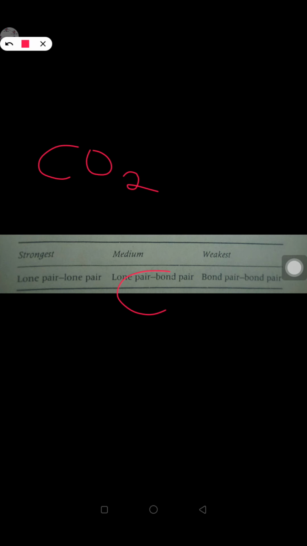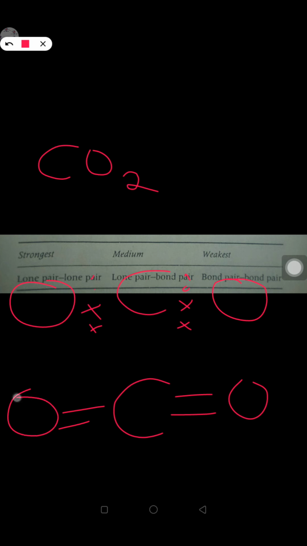Carbon, oxygen is 2,6, so oxygen needs 2 electrons to balance, and carbon needs 4. So each oxygen will take up 2 electrons from the outermost shell. So it's going to look more like this.